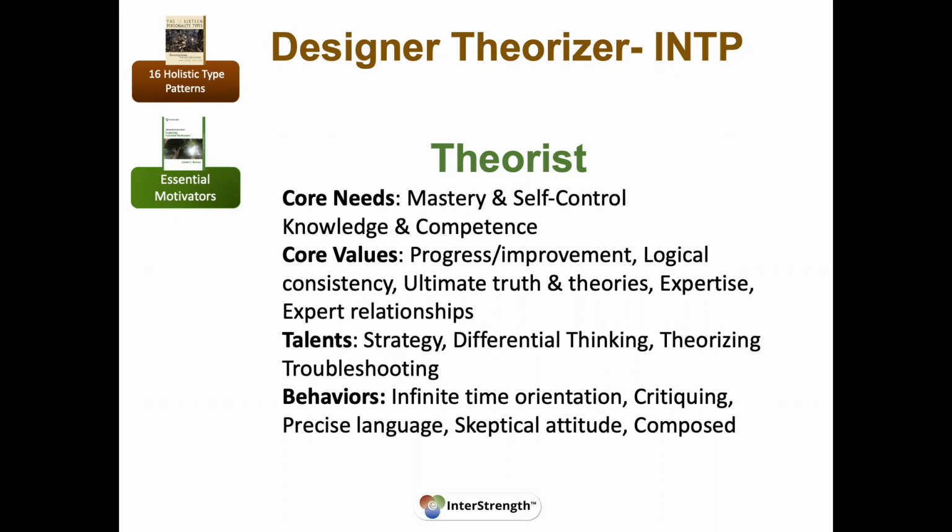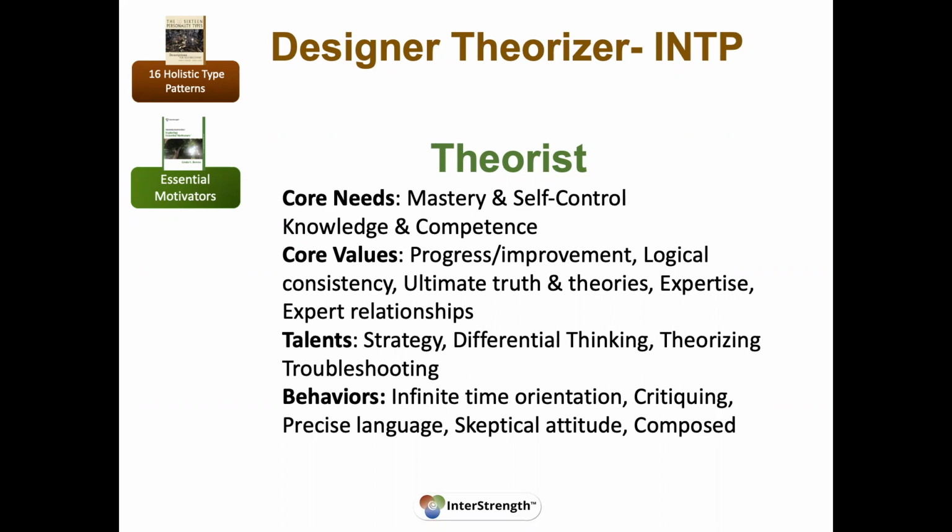The talents for the theorist are strategy, differential thinking, and theorizing and troubleshooting. So the strategy is, there are a couple of ways to look at strategy. It's a commonly used word in the business world. It can be having a vision of where to go and then seeing how things are going to lay out.